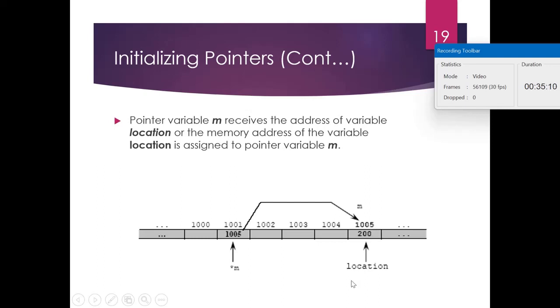And the value of this pointer m variable is 1005. Clear? The value of this m variable is 1005. It is pointing to this location variable. Okay.